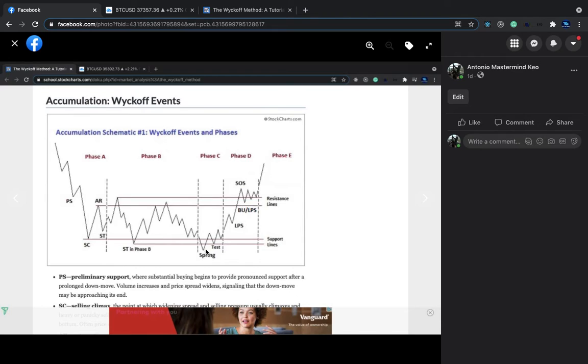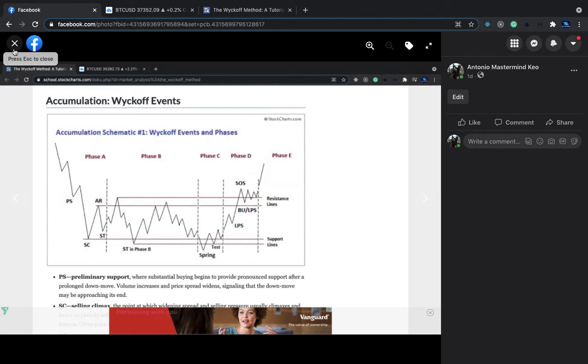And I was expecting it to drop down to around 27K, combining that theory with the Elliott wave, which is supposed to drop down to the 61.8 retracement. However, the price action has been showing a lot of support at the 50% retracement. And right now, Bitcoin is moving up a little bit since then.